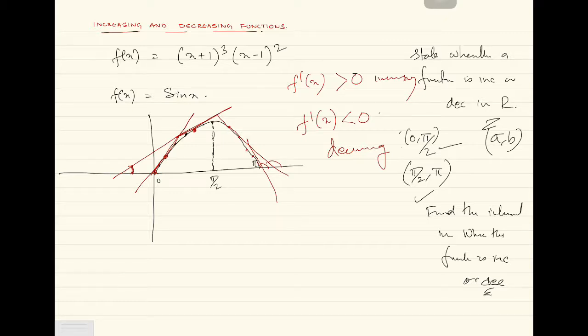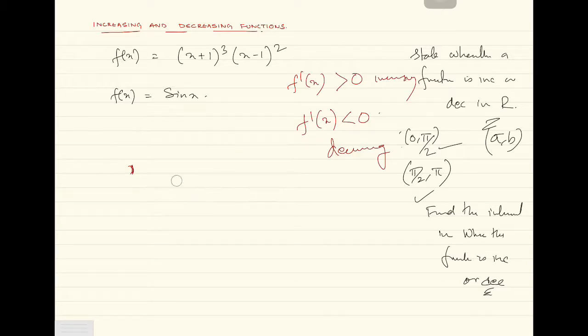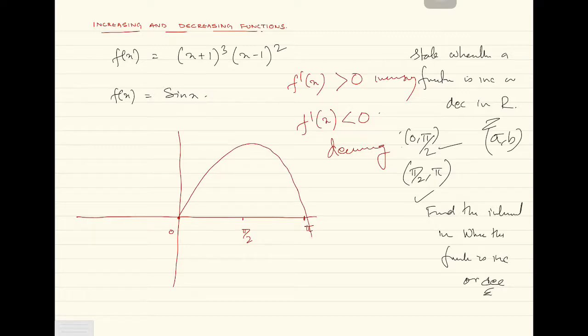Got it? Let us now see another example. Let's say the same example I have here. Now it depends on how the question is being asked as well. Suppose this is 0 and this is pi, and right in the middle is pi by 2. Now if you ask me what will happen to f dash x for the function y equals sine x in the closed interval 0 to pi?